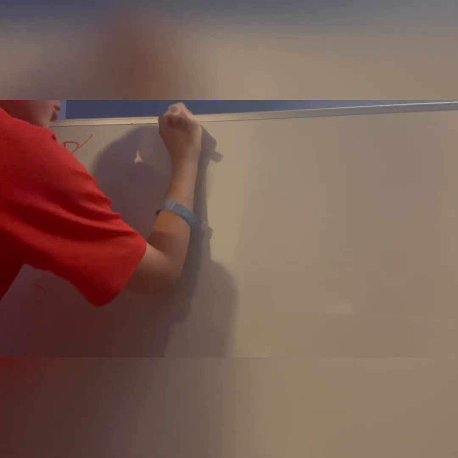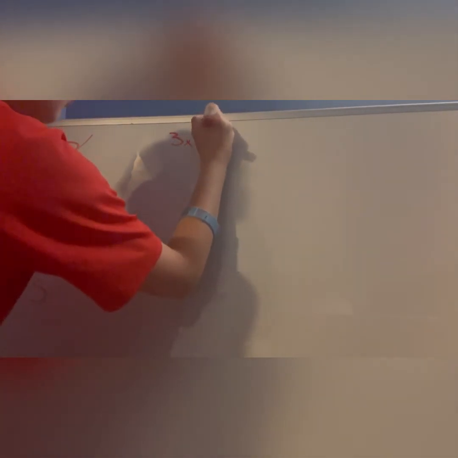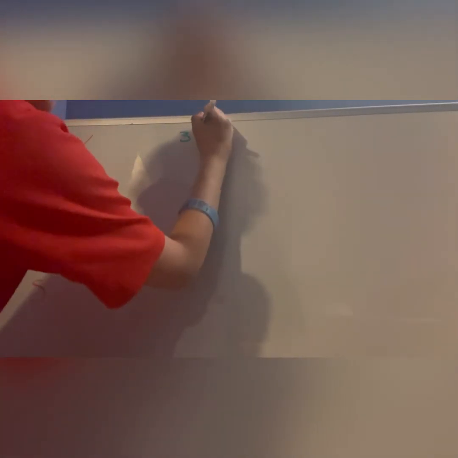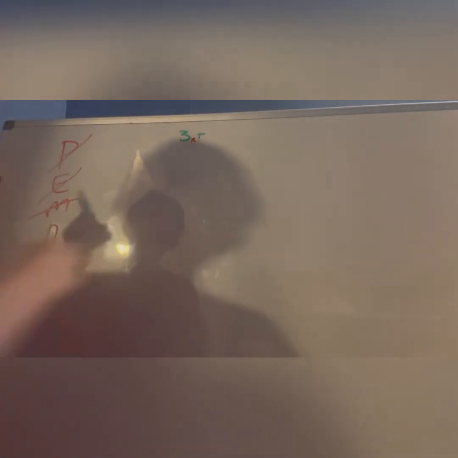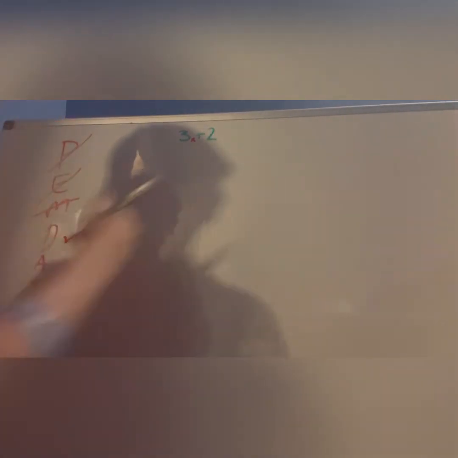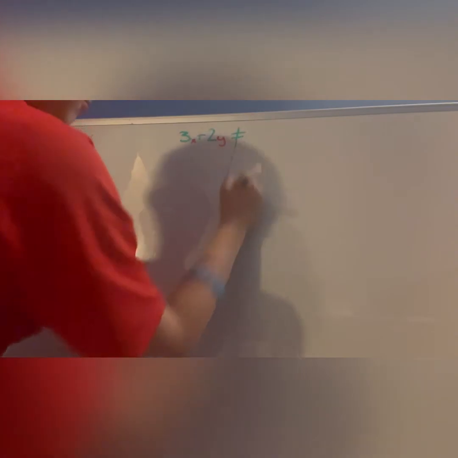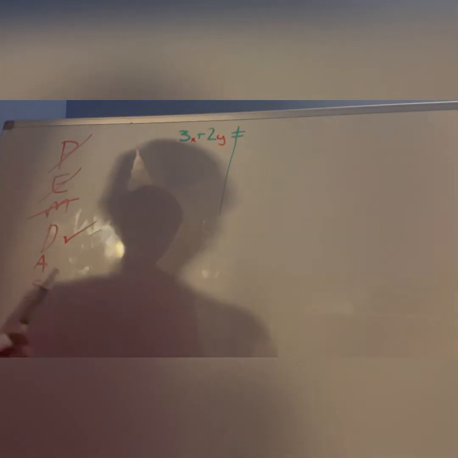Let's say if we want to do 3x plus 2y equals 6.